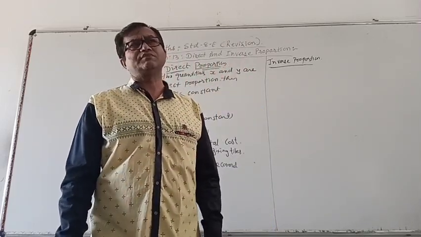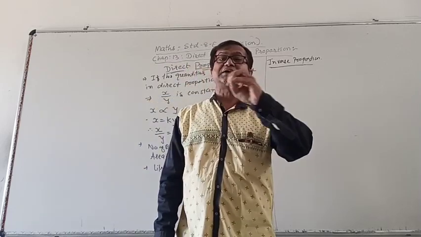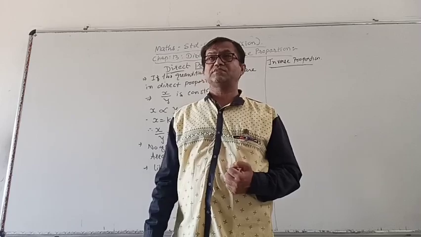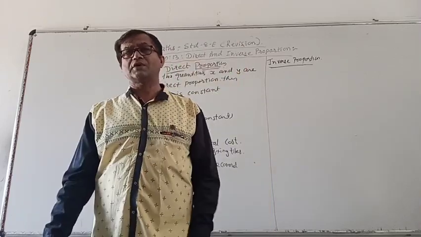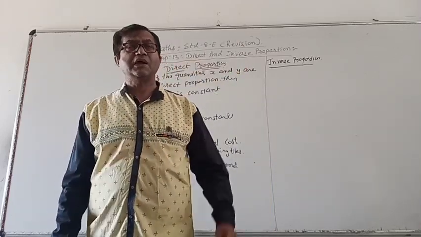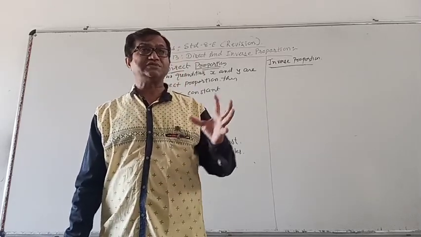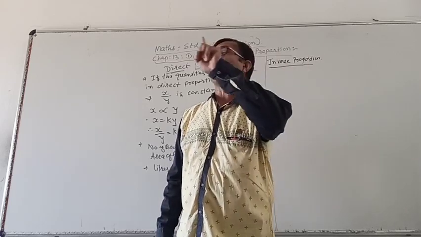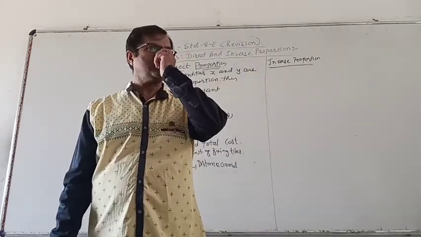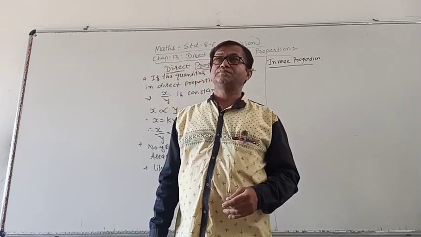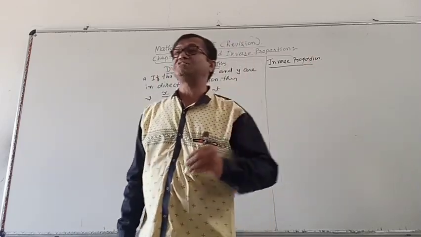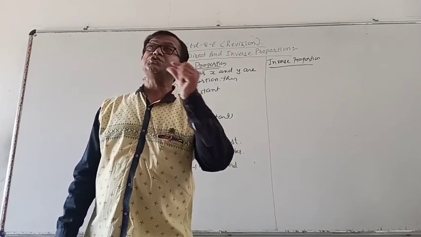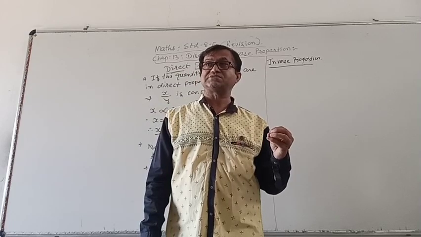For example, if I have 100 chocolates and I have to distribute them among the children. Now, if there are 100 children, then each one will get only one chocolate. But if there are 50 children, then each of them will get two chocolates, because I have 100 chocolates.